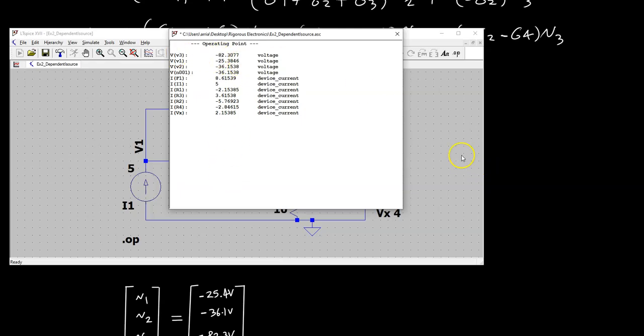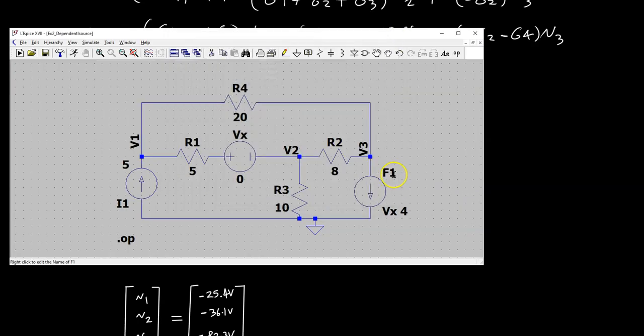So how do we actually model dependent sources? In this case, I'm using a voltage source in the branch where IX flows, and I'm setting the voltage across that source to 0. Now you might be wondering, how come we're not using a current source here, since it's a current dependent current source on the right side here, bottom right side?